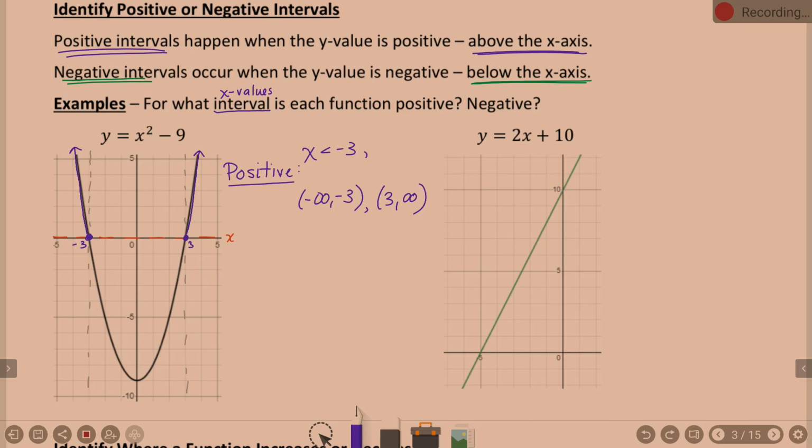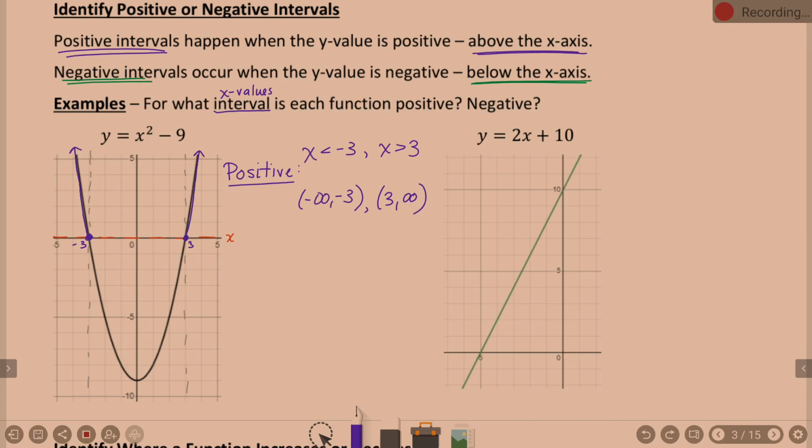No, the y value at 3 is 0. Okay. Or when is this positive? When x is what? What in relation to 3? When x is greater than 3. Okay. So you can do inequalities or interval notation.